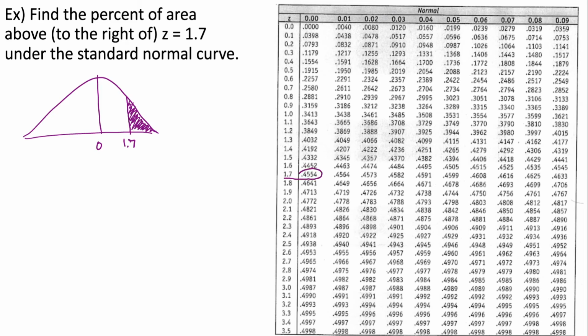So that's going to be 0.4554. And if we know the entire area above 0 is equal to 0.5, the area in this shaded piece is going to be 0.5 minus 0.4554, which is equal to 0.0446, or 4.46%.